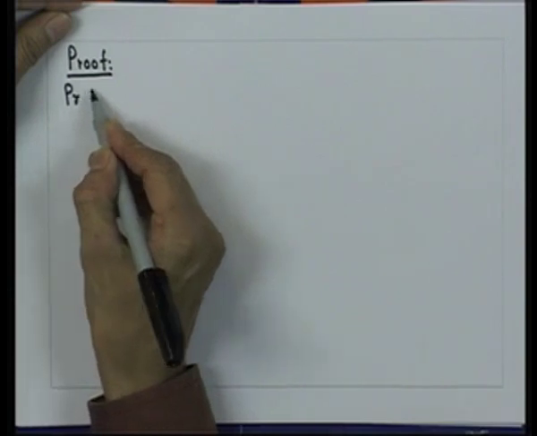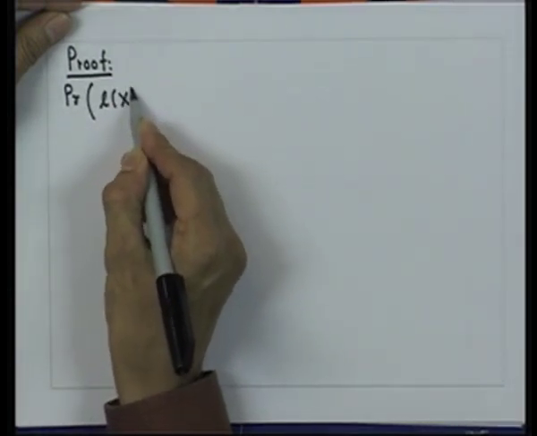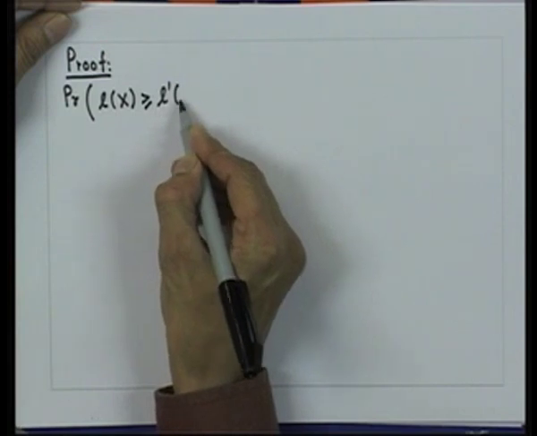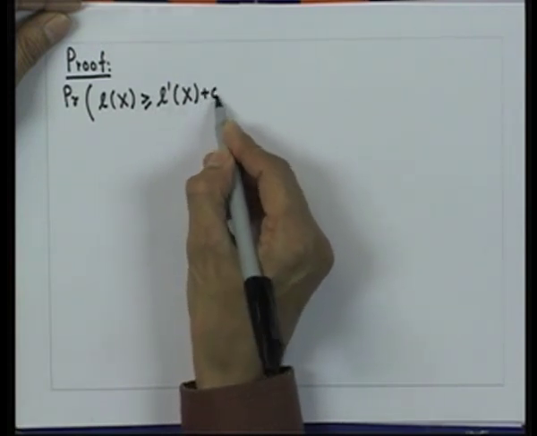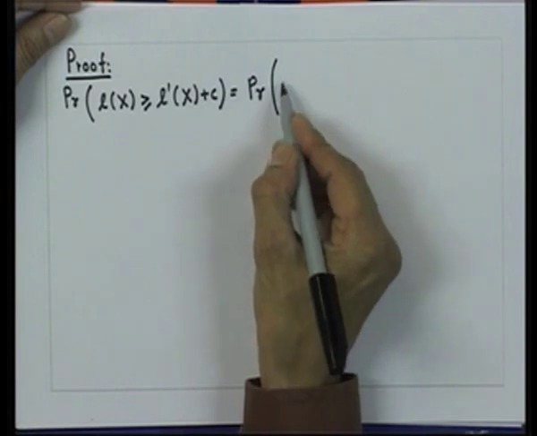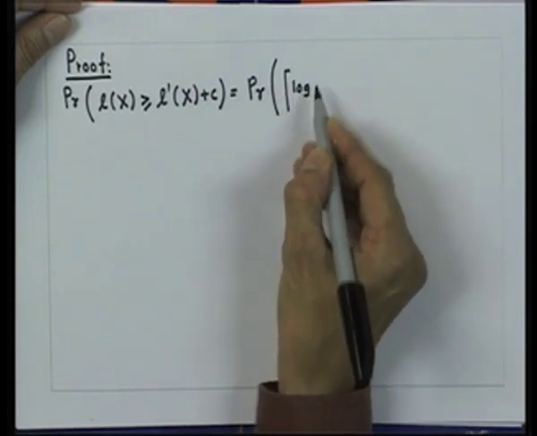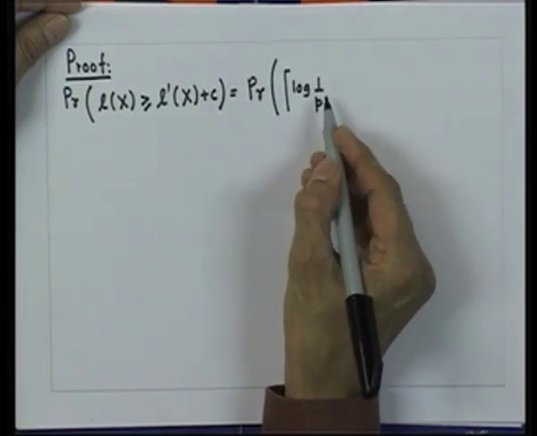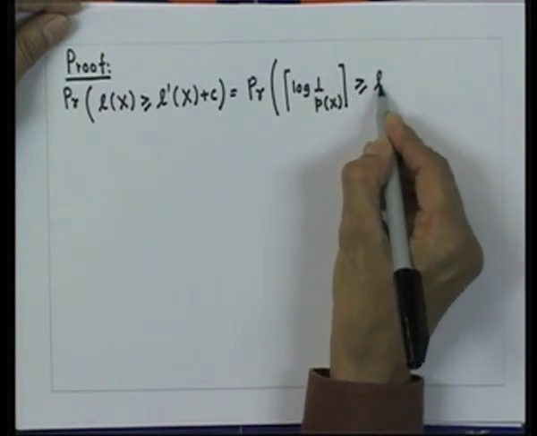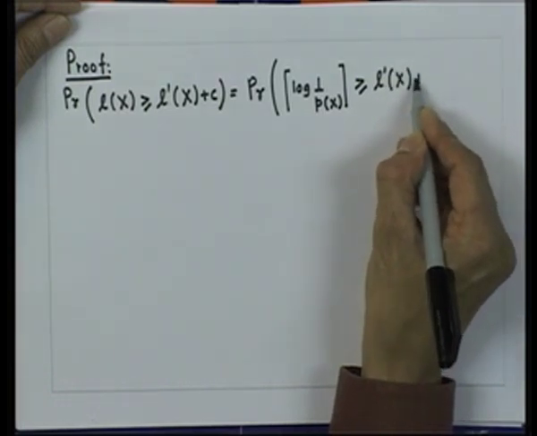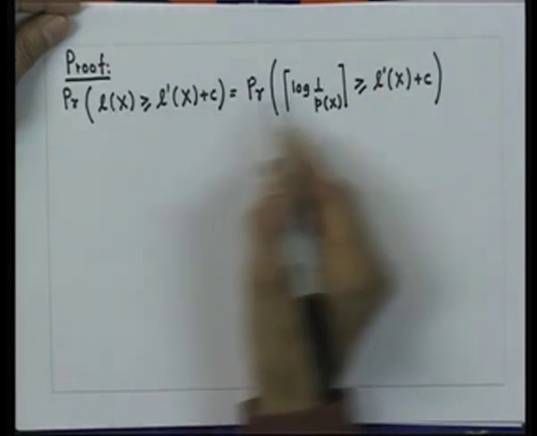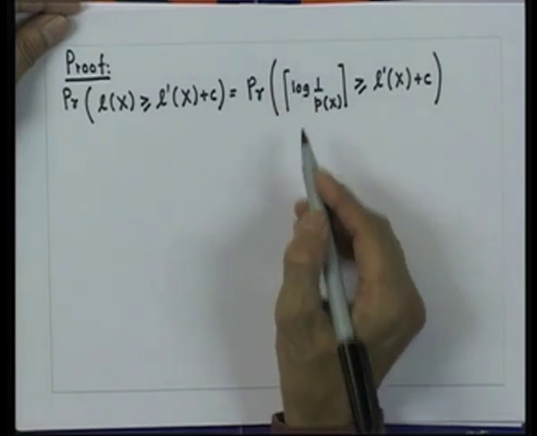So, probability of the random variable Lx greater than or equal to L dash x plus c is nothing but probability of log of 1 by p of x greater than or equal to L dash x plus c, because the length is given by the upper floor of log 1 by px for the Shannon code.